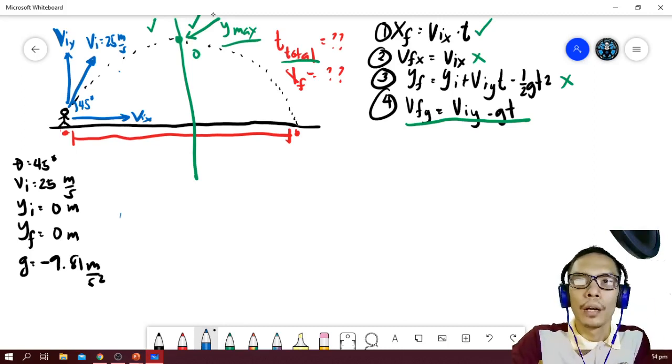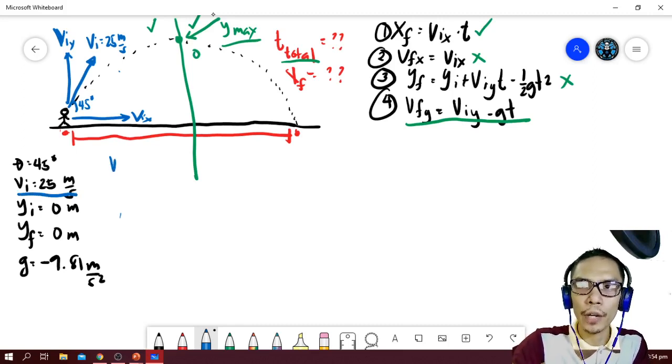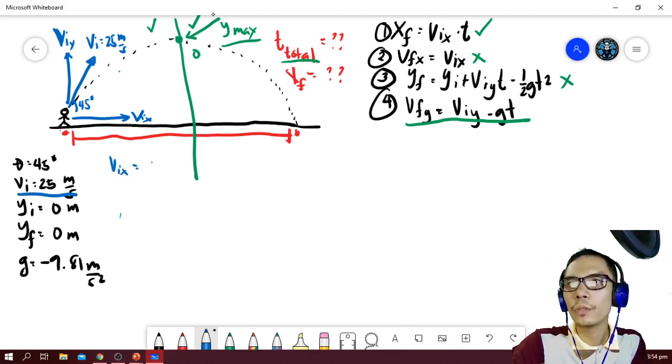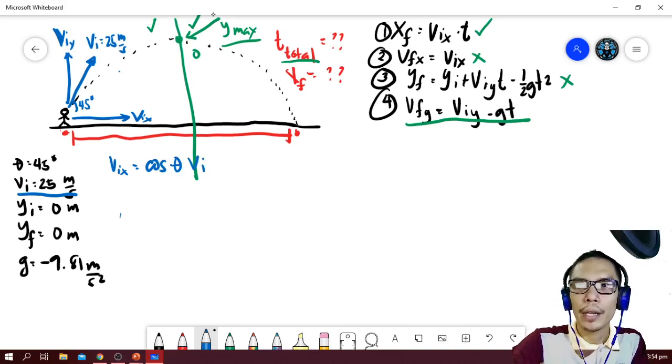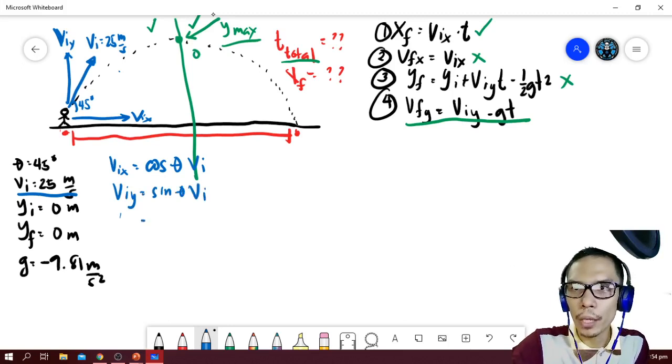So let's start first with breaking down this one into its v sub x and v sub y components. You all know already that v sub i x is equal to cosine theta times the v sub i. Next, v sub i y is obtained by sine theta times v sub i.